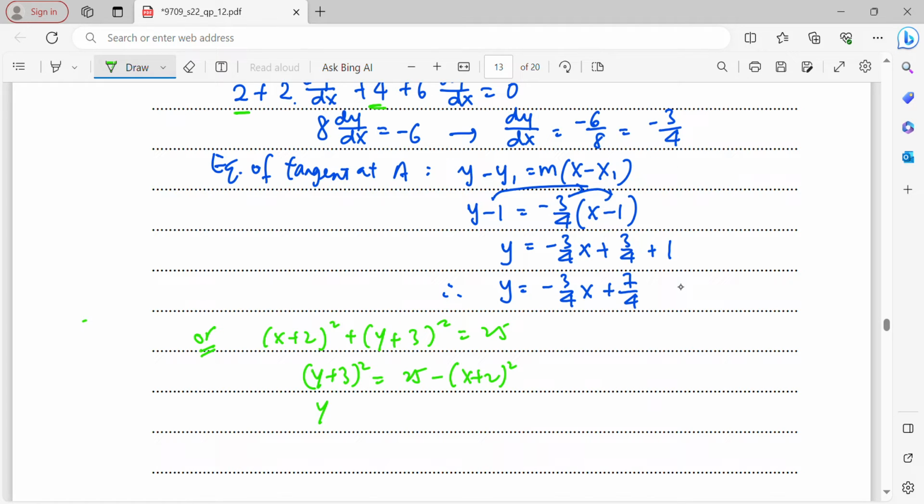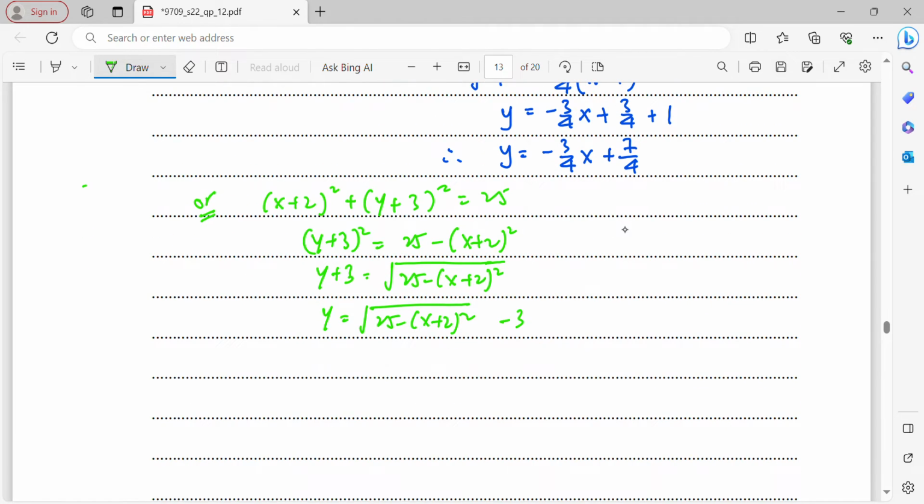Then my y is going to be, y plus 3 equals to square root. Okay, and then the plus 3 move to the other side, becomes minus 3. Okay, now differentiate.